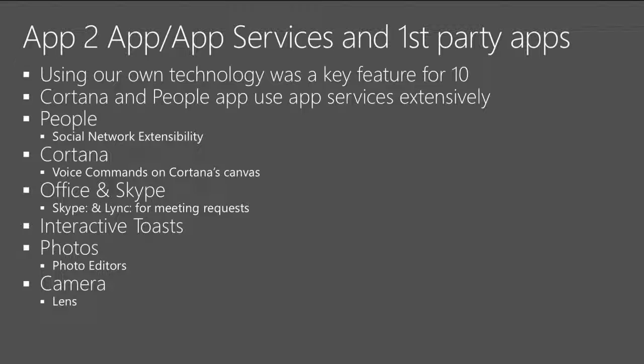So how Cortana integrates with the system is using app-to-app. How we do security with Microsoft Passport, that's using app-to-app. Of course, Office and Skype are using the same stuff. The interactive toast we have now is using the app-to-app technology as well.